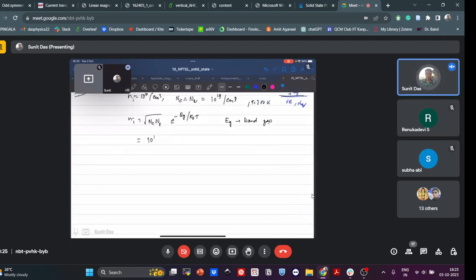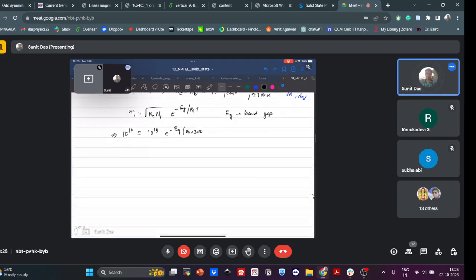So this will be 10 to the power 19 into e to the power minus Eg by kB into 300, and Ni is 10 to the power 10, right?